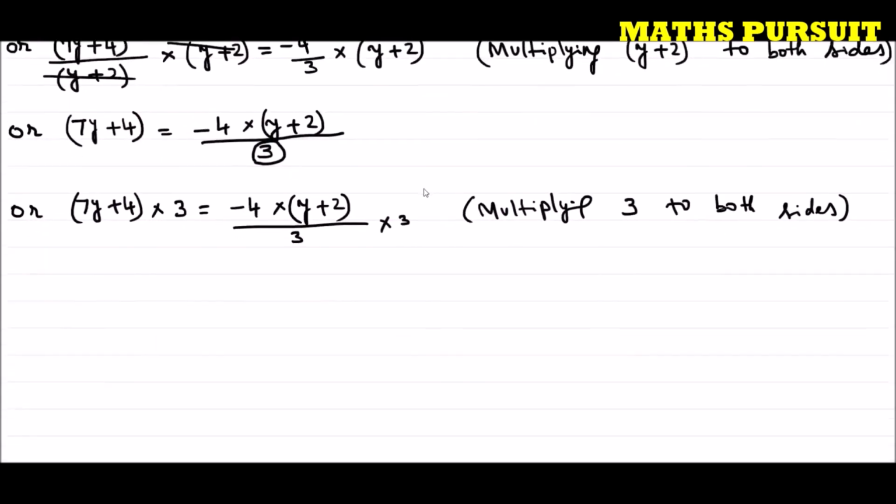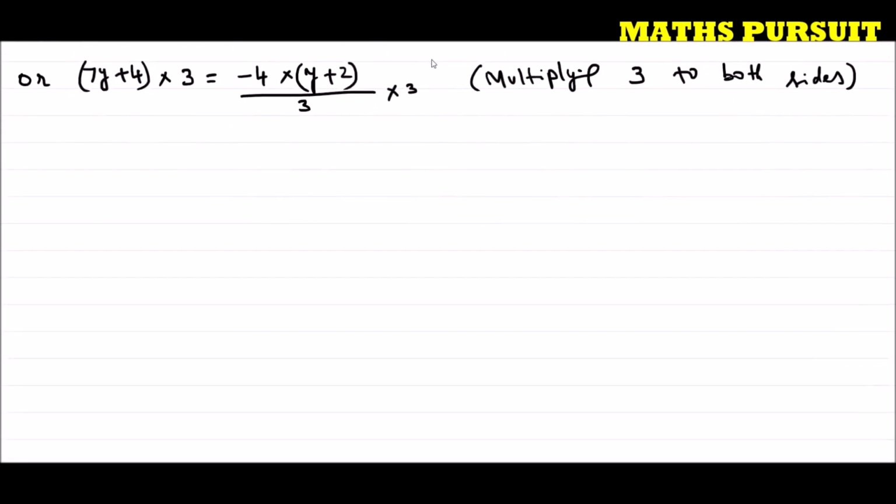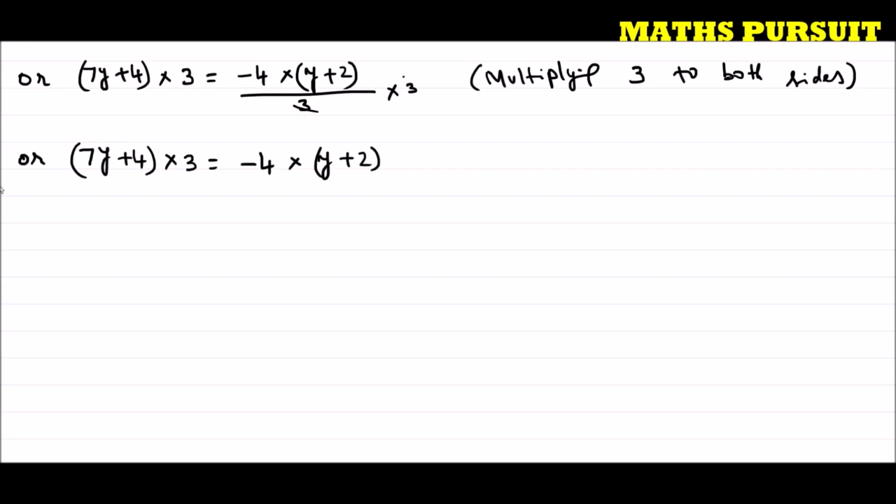Now let us see what is going to be our new equation. I can write (7y + 4) into 3 is equal to minus 4 into (y + 2). These 3s cancel out.